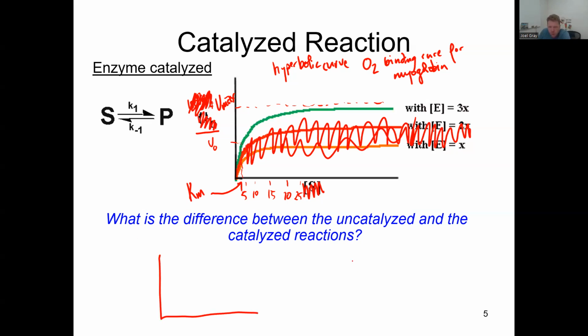I'm just going to draw an O2 binding curve and a Michaelis-Menten curve. At this point in time, you can't distinguish these graphs from one another. However, whenever I put my y-axis labels on, then you can. O2 percent saturation. We have a 100% saturated.